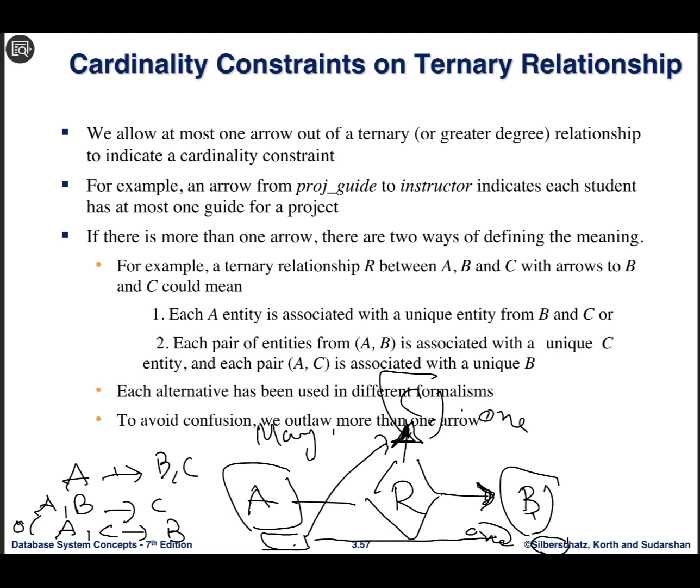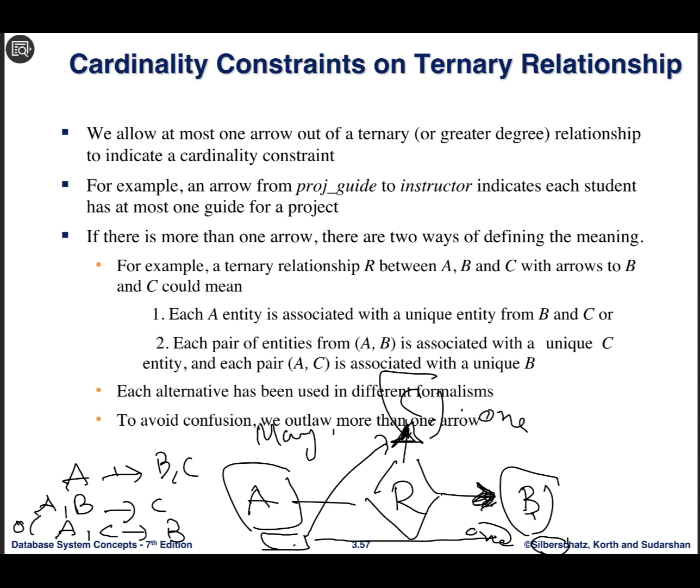But if we have one arrow, that means we have only one entity set participating in the ternary relationship as the one side. So in this case, it's easier for us to interpret this one clearly. For example, assume that we have only one arrow from R to C, and the rest is going to be many.